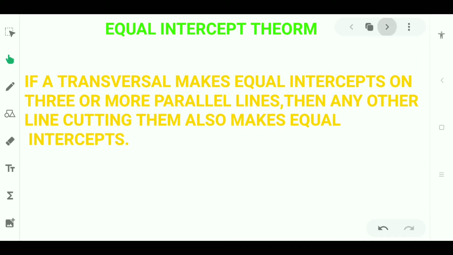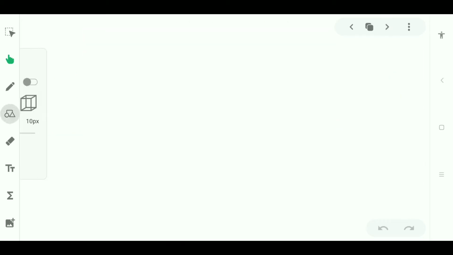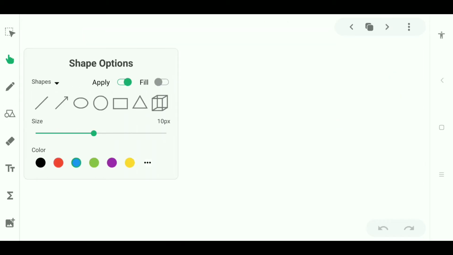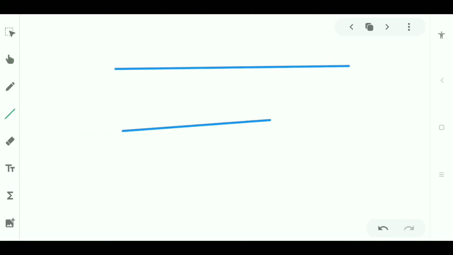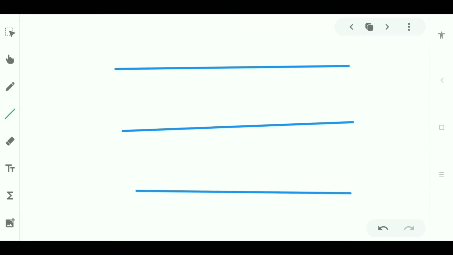Suppose 3 lines are there, and those 3 are parallel to each other.